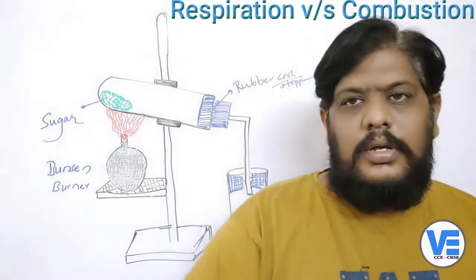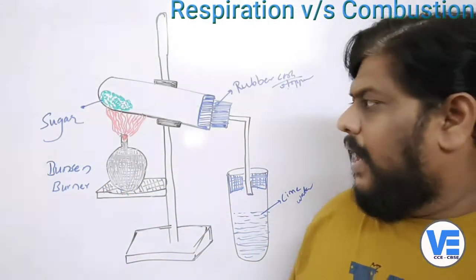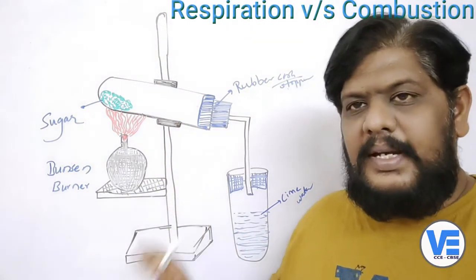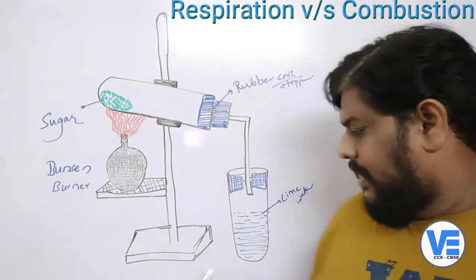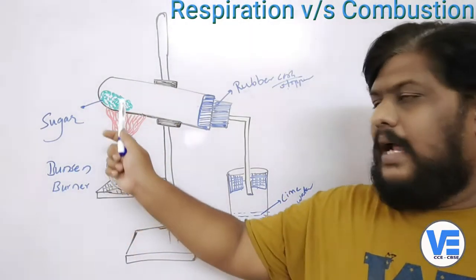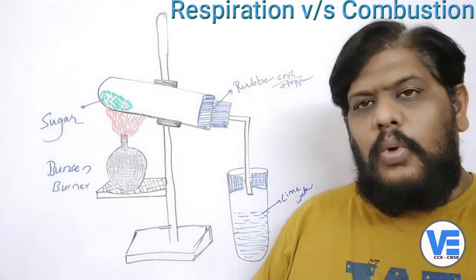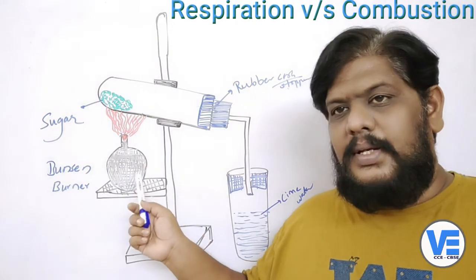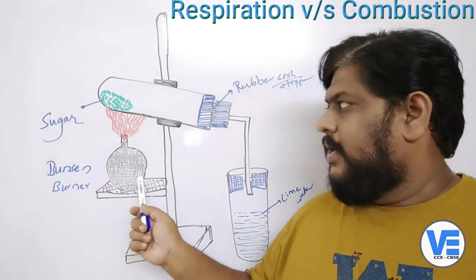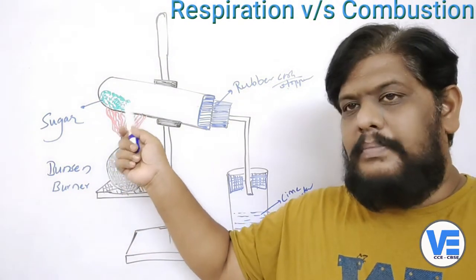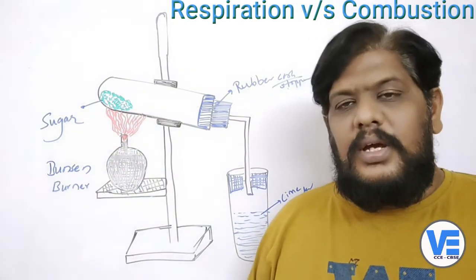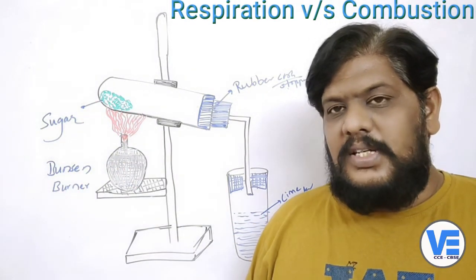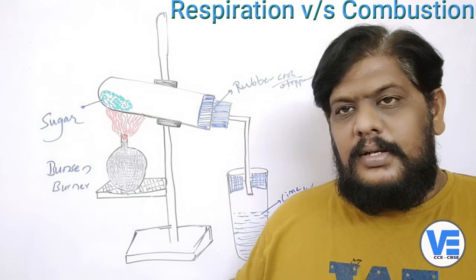Now I have arranged the whole experiment in this way. Here I have taken the lime water. Here I have taken the sugar. Now what I am doing is putting the Bunsen burner directly on a stand so that it can reach the test tube. I am directly burning the sugar which is inside the test tube, right?